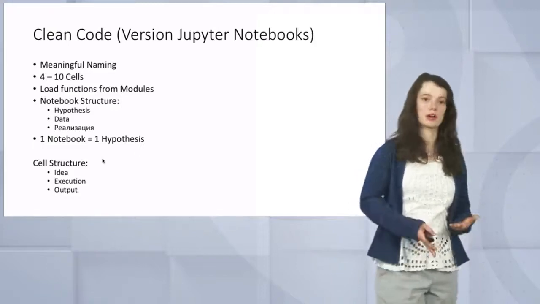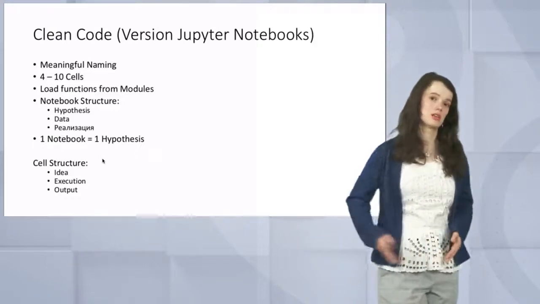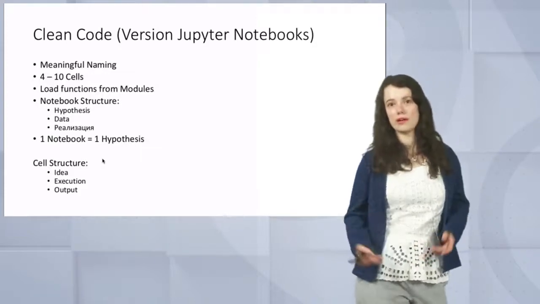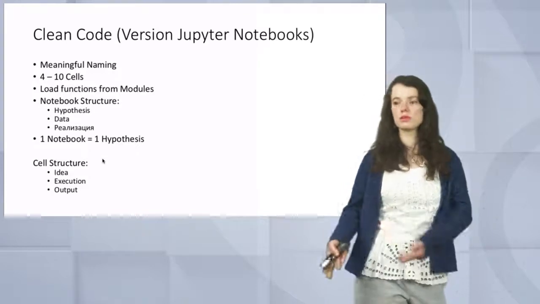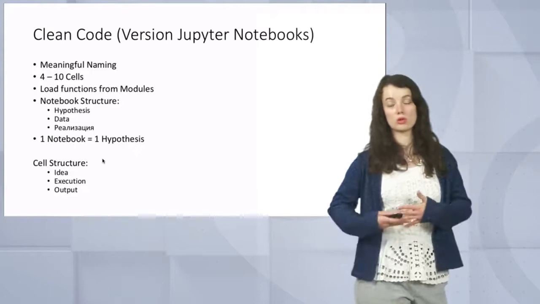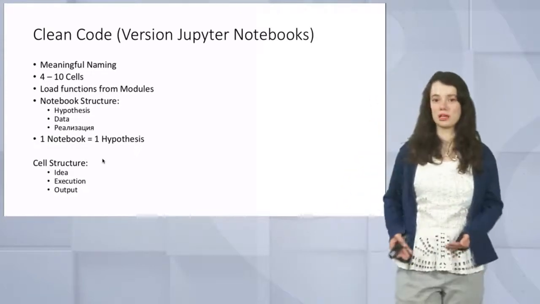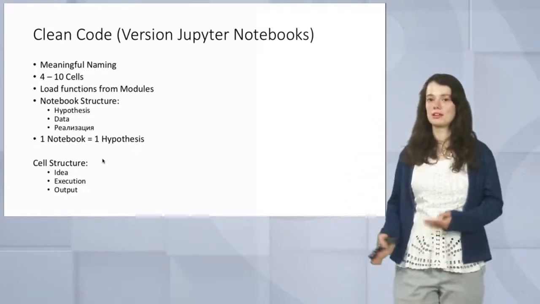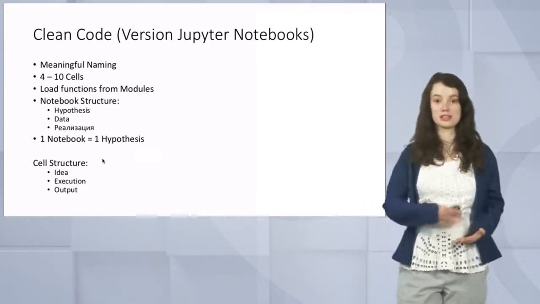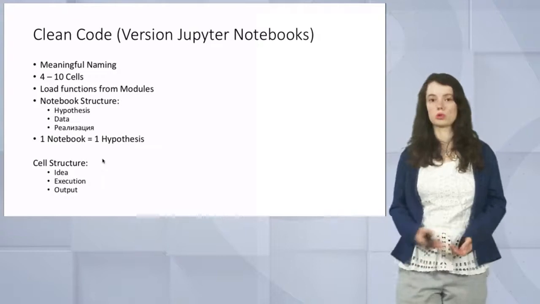The cells should be structured like functions. They have their idea, execution, and output. And output should not be mixed with preprocessing or any other code. For example, if you are typing dataframe.head and you're watching some results, you don't want to mix this cell with some preprocessing stuff.